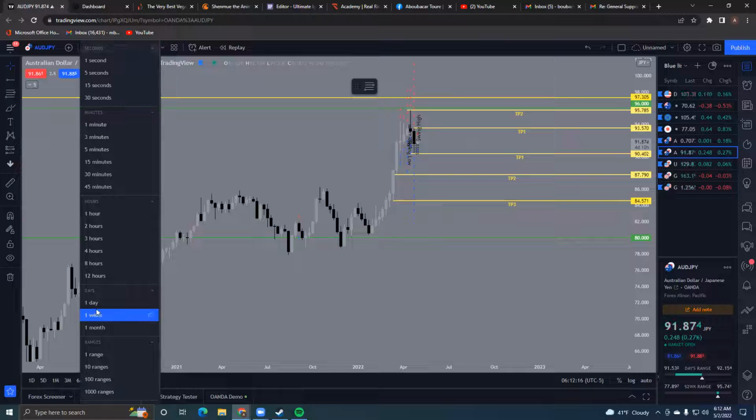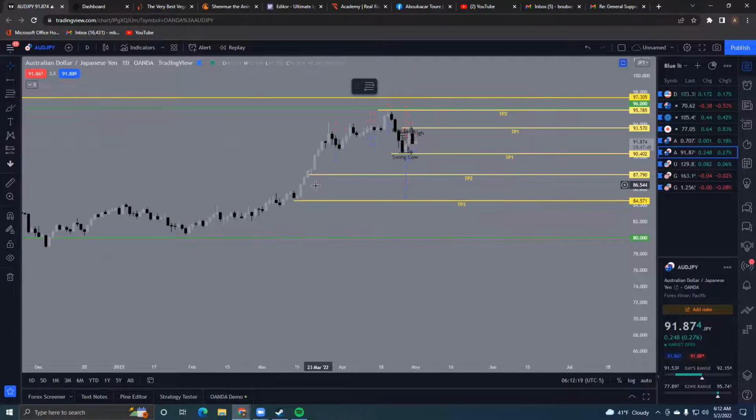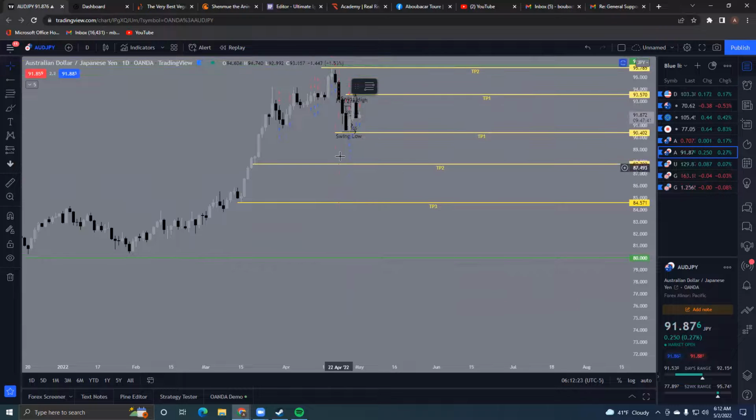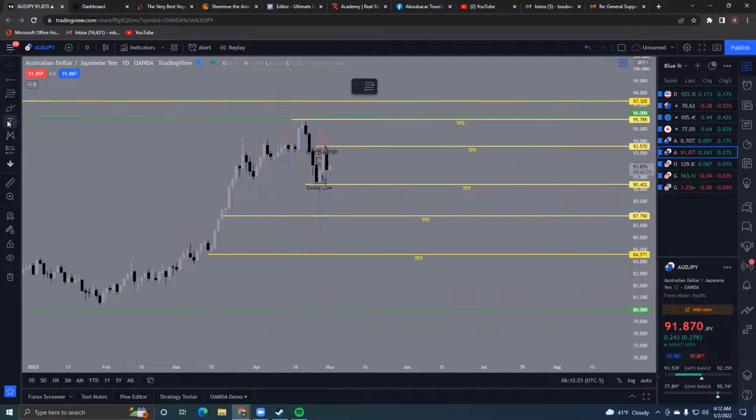Okay, so now I can drop to the daily, and what we see here is my take profits on the downside. We also see that price broke structure. So we had a low here. It came and made this high. The high got wiped out right here. Price is coming back up to test it.